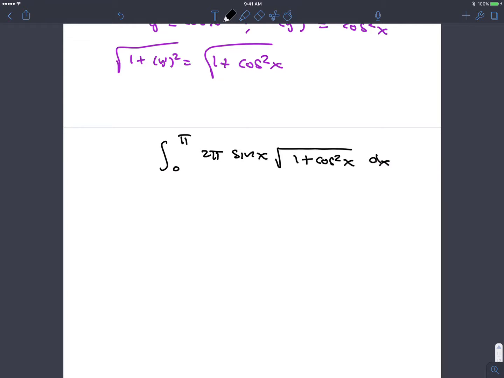All right, let me ask you guys a question. What could you use to integrate? All right, what do you think? When you look at this and you say, well, how am I going to integrate this?